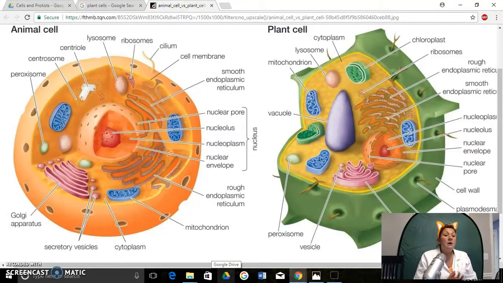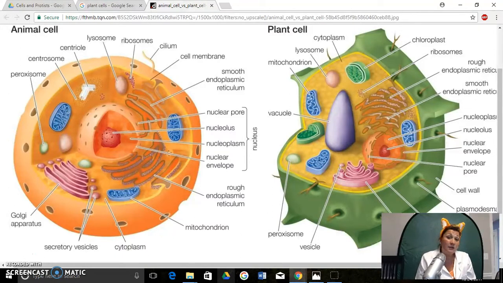The other thing we need to talk about is how you tell the difference between an animal and a plant cell. Well, we talked about the plant cell having a cell wall and chloroplast. When you're looking at a diagram, it's pretty easy to tell them apart because usually they make a plant cell green. Plant cells usually have a more rigid structure. You can see how this plant cell is a little more square and the animal cell is more round. We can also look at the vacuole, which is going to be significantly larger in a plant cell.